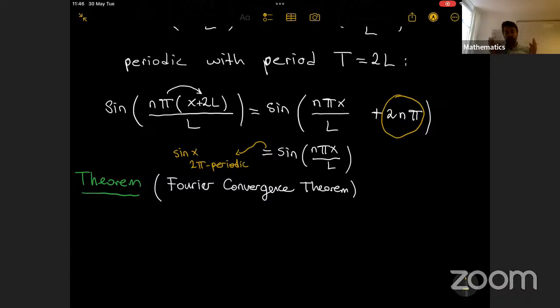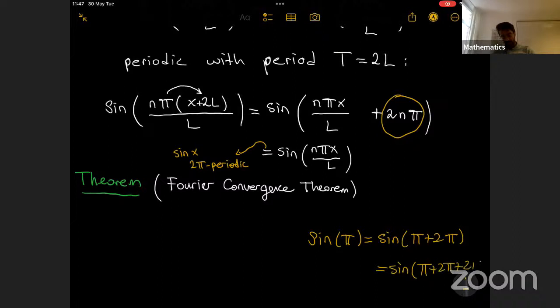That means if you add 2 pi to a number, the sine will not change. It's like sine pi is equal to sine pi plus 2 pi, and it's sine pi plus 2 pi plus 2 pi. So if you add a multiple of 2 pi, it will not change the value of the sine function. And similar for cosine.